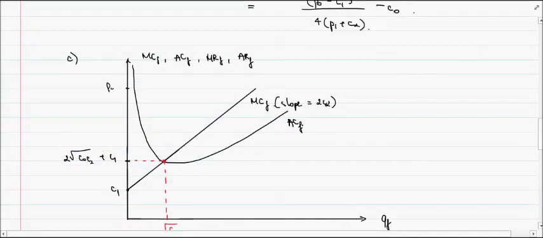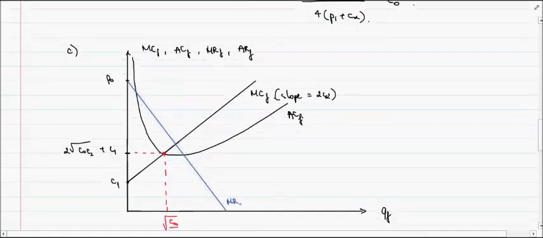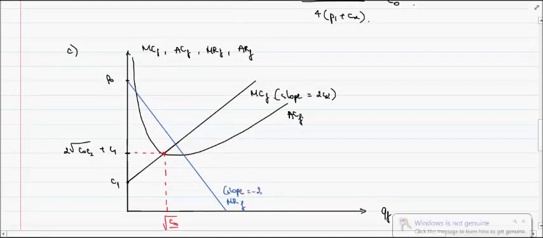Now I do not know the exact value, but I would assume that it is something like this. So this is marginal revenue, MR F. The slope of this one is negative 2P1.